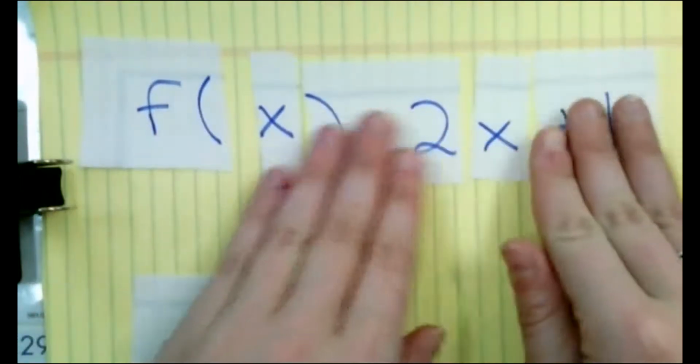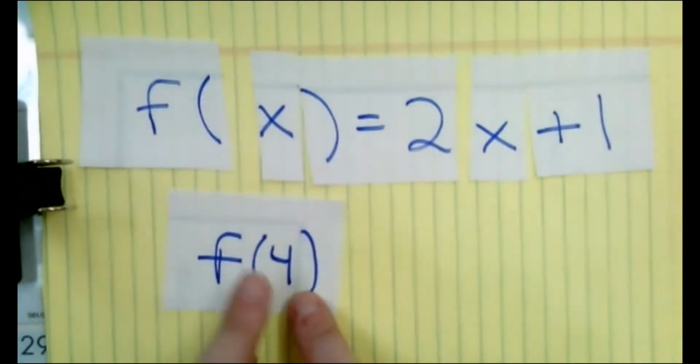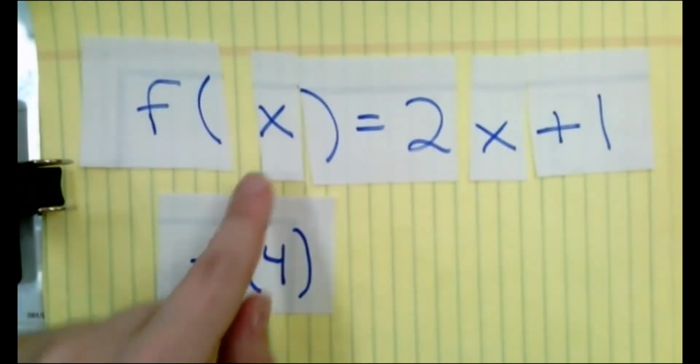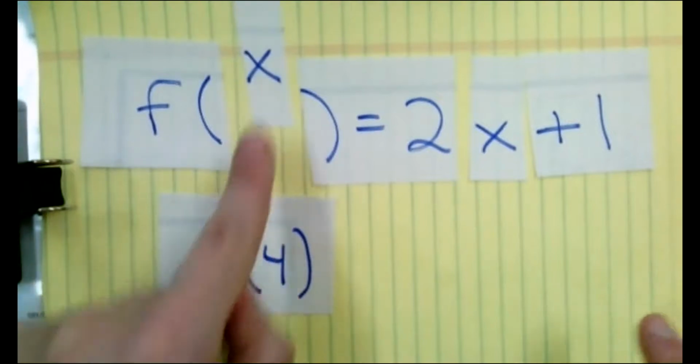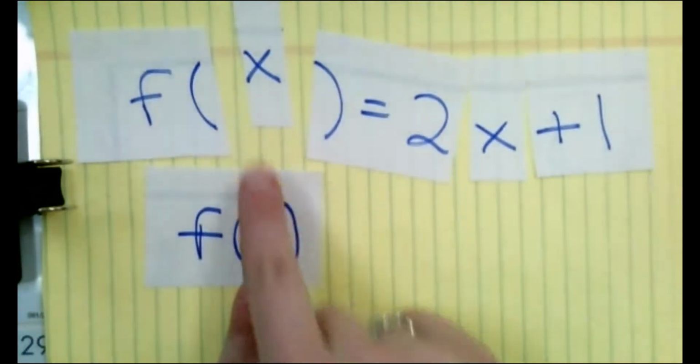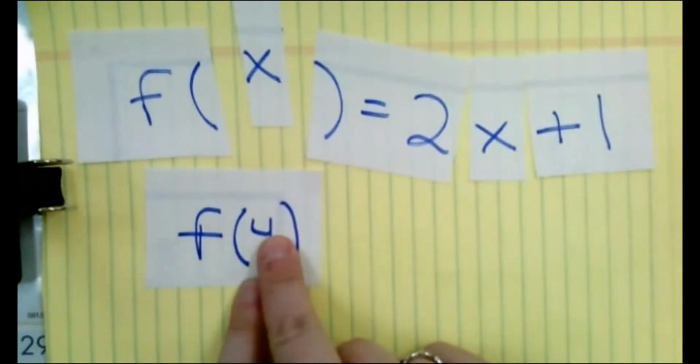Okay, so I still have my function all put together, but they're asking me f of 4. And what that means is that rather than this x, I have a 4. You can see that x becomes a 4, f of 4.